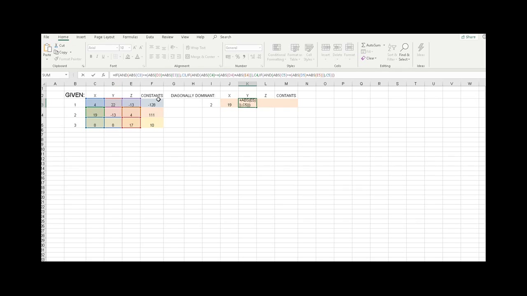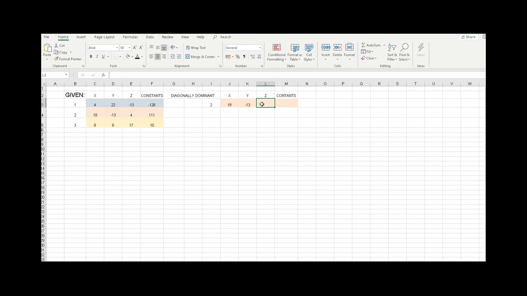So that would be D3. And then the rest should follow. If this is true, then this output here should be D4. And this output here should be D5. So let's check that. So yes, -13.